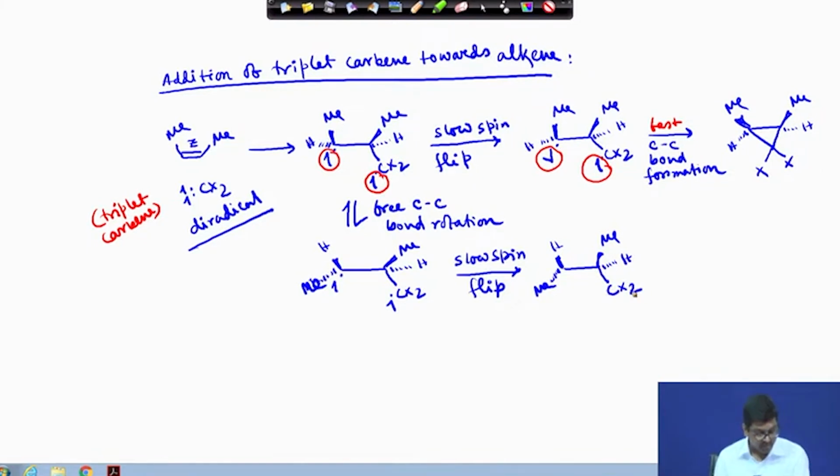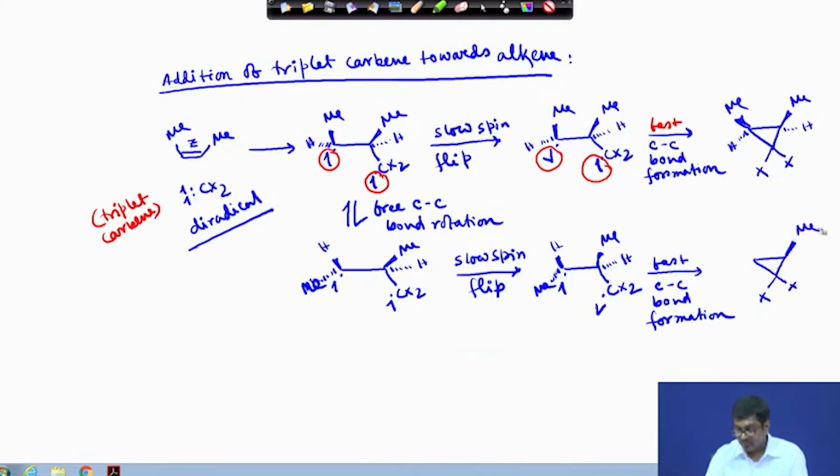If the spin flipping happens, then obviously these two can make a bond, and that first process, the carbon-carbon bond formation, will give our desired cyclopropane ring, but with a different stereochemistry.